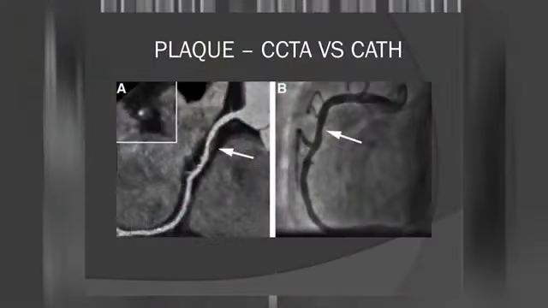This is a slide showing you a comparison between the CCTA and the cath angio. Here you can see a soft plaque. Whatever is gray here is called soft plaque, and a calcified plaque is white. So a soft plaque eccentrically located in this vessel here is causing about 40% stenosis, maybe 50% stenosis.